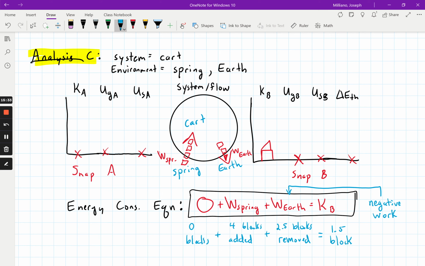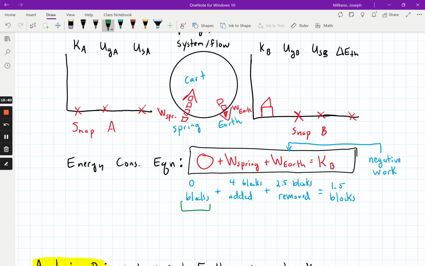And in this equation that we have, this is snapshot A. This is snapshot B. And this is what happens in between those two snapshots. This is the energy change process.